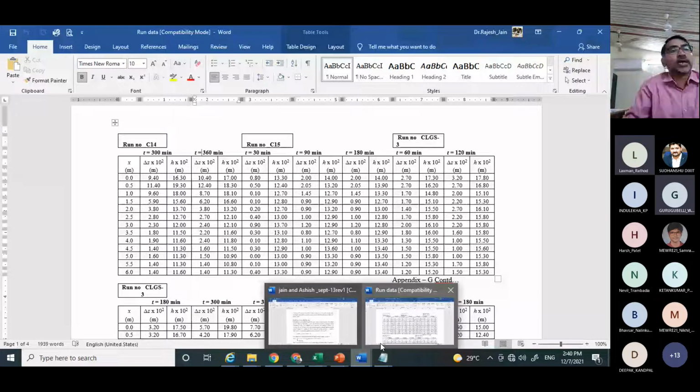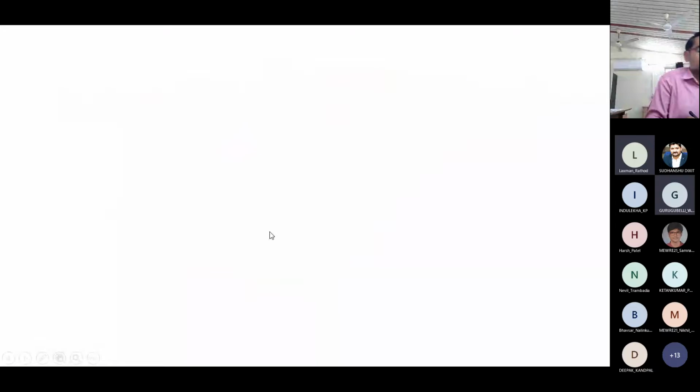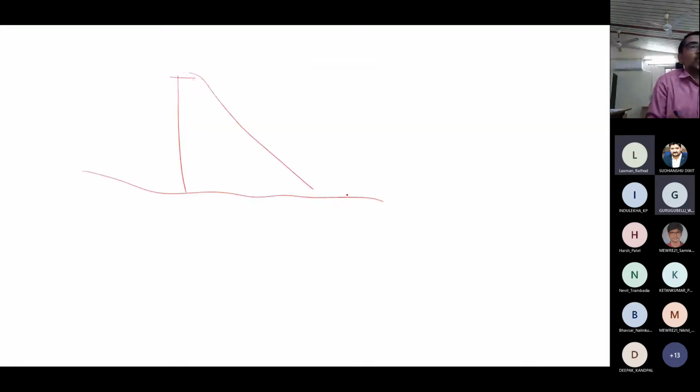In case, suppose you have constructed a dam which is storing water up to this HFL. Because all sediments are trapped here, you have degradation downstream, because considerably clear water is released from the reservoir.